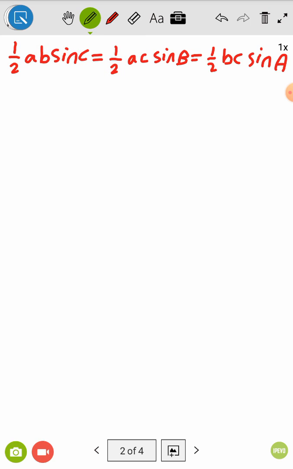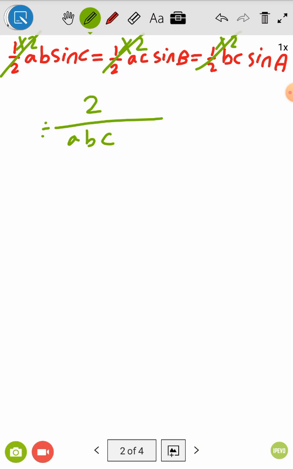So we can multiply by 2 to remove the half. We can multiply here by 2, and here by 2, and here by 2 to remove the half. In general we will multiply by 2 and divide by ABC, all of them.